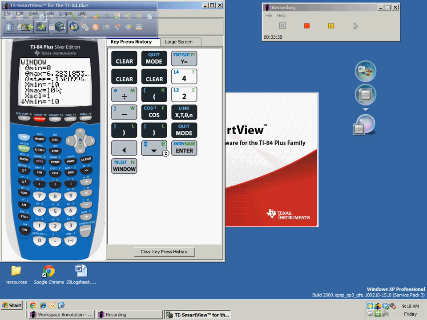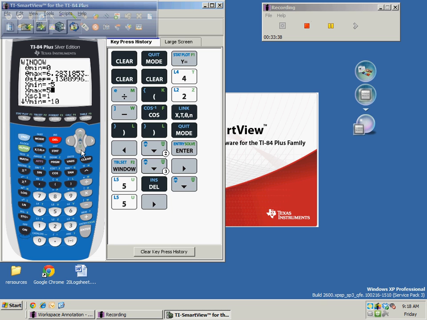Probably a little bit smaller than that would be better, since our vertex was out there at, what was our vertex? At 4, 0. So let's go from -5 to 5 instead.